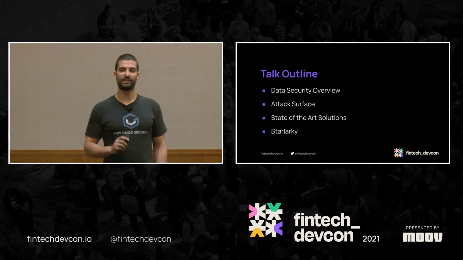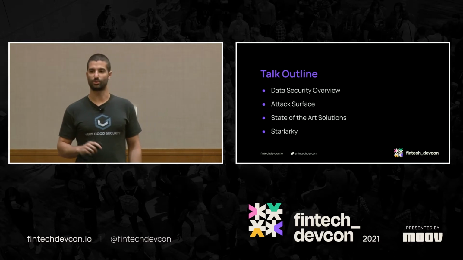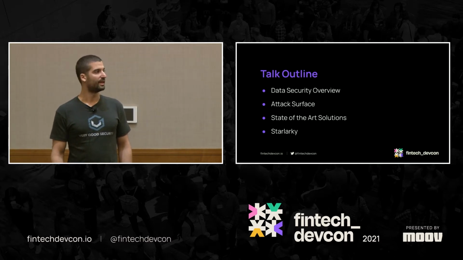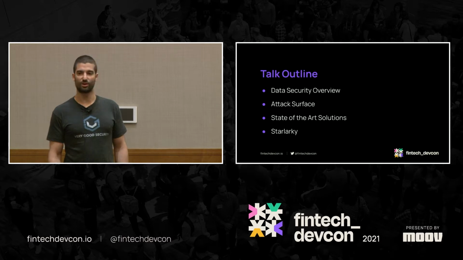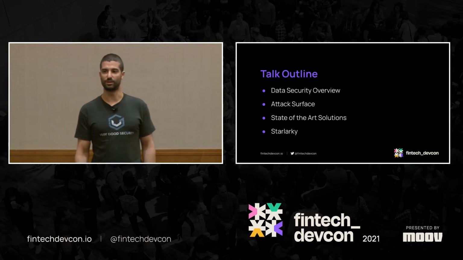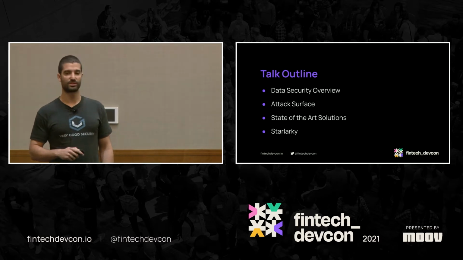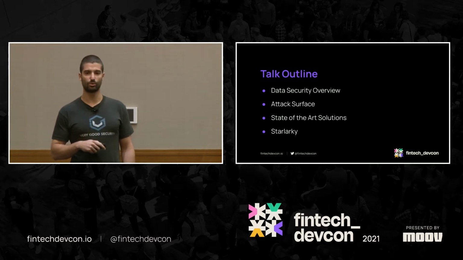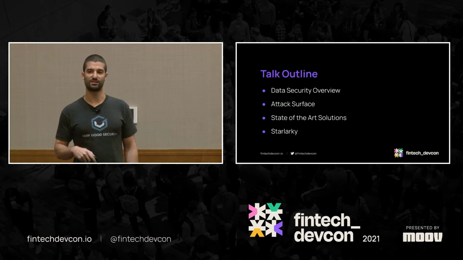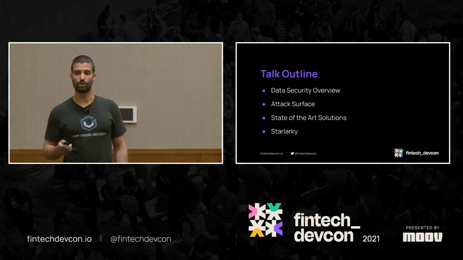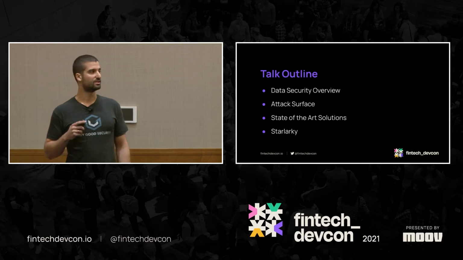Second, I'm going to define the attack surface exposed when computing on data. Then, I'm going to present the state-of-the-art solutions currently available for secure data computations. And finally, I'm going to introduce a new tool we're developing here at VGS called Starlarky, which enables us and you to compute on data securely and efficiently.